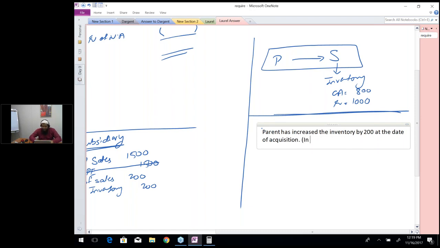And this has been increased in the group financial statements. Am I right? Do you people agree? Is there any problem with this statement? Right, agreed, good. Now when the subsidiary would have sold these goods by the year end, the subsidiary would have recognized its inventory.